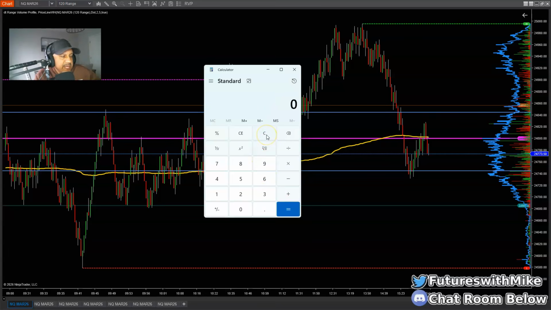So basically what I'm trying to say is that you have to figure out what the margin is for the market that you're actually trading. Whatever it may be, I have a rule of thumb that you're going to need 10 times that amount per contract to actually trade.